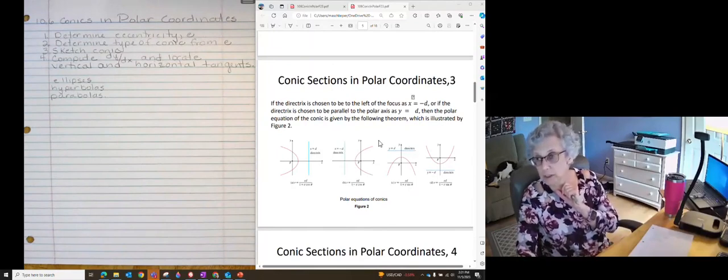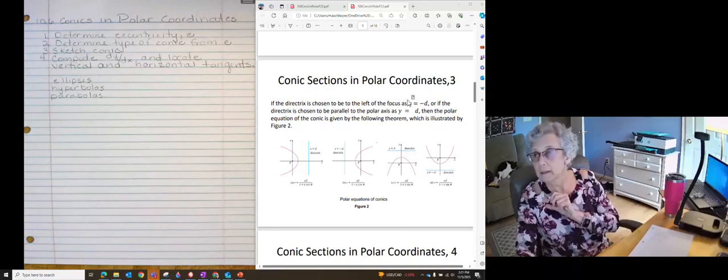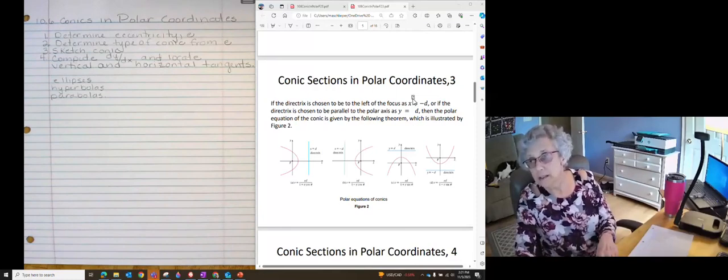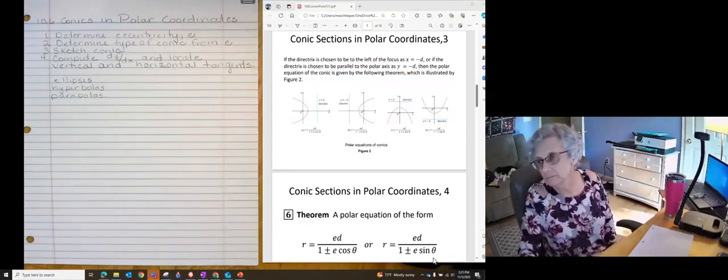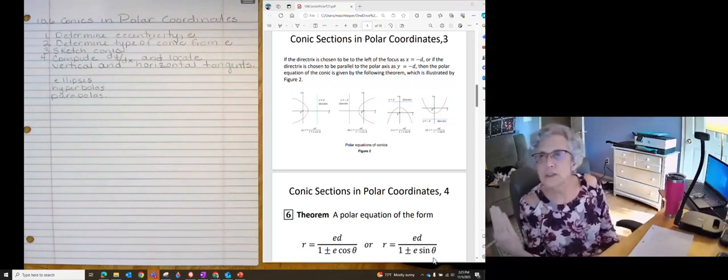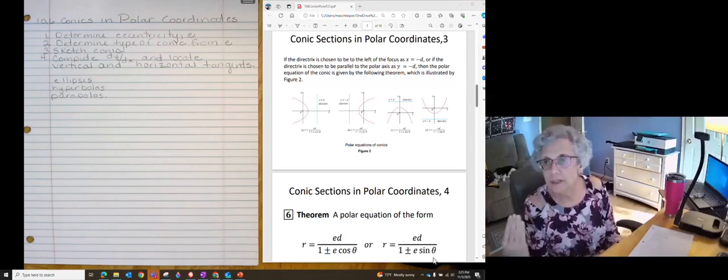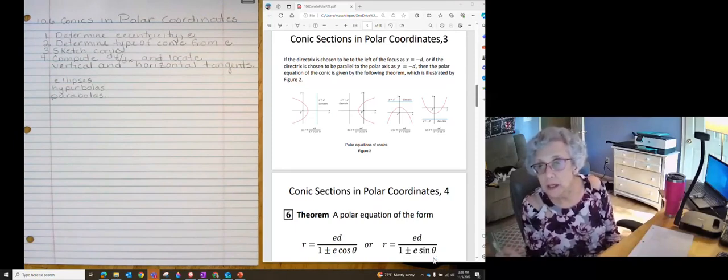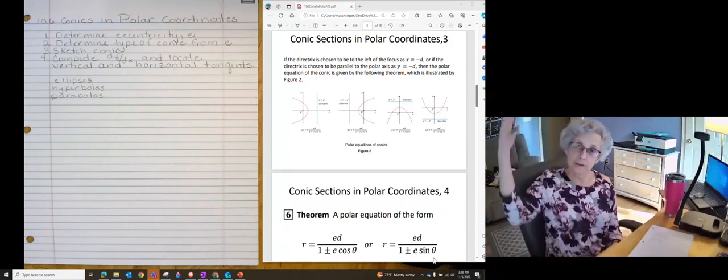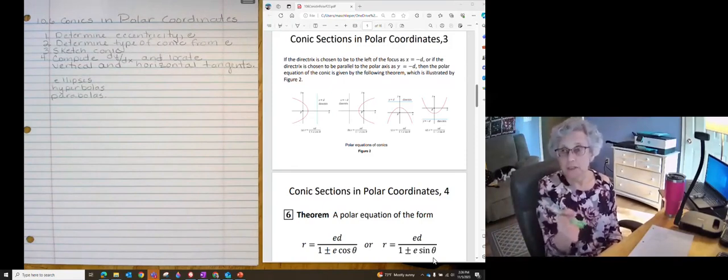Here's the pretty picture showing a parabola. Sorry, I got distracted by the fact that it changed my picture right there. I'm going to go in and fix that. So this shows the different forms of the parabola. If you have ED over 1 plus the eccentricity times cosine, then the directrix is to the right of the pole and it opens to the left.